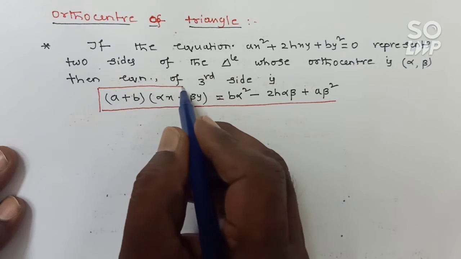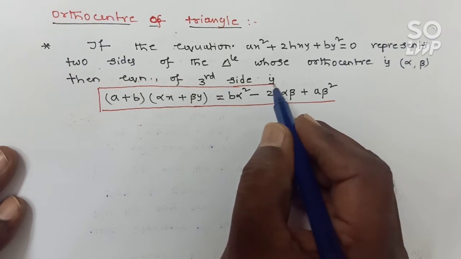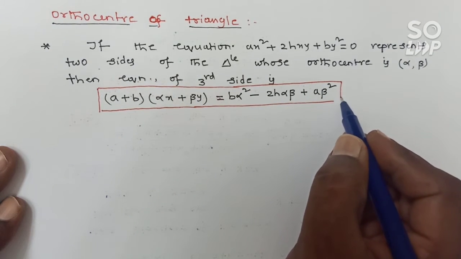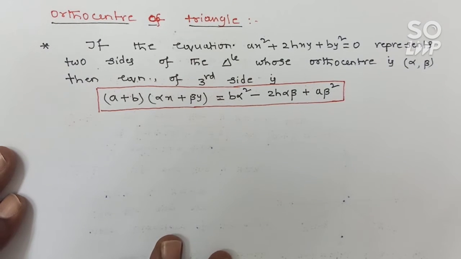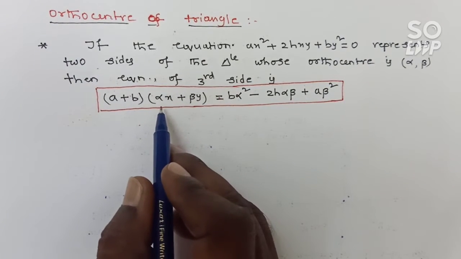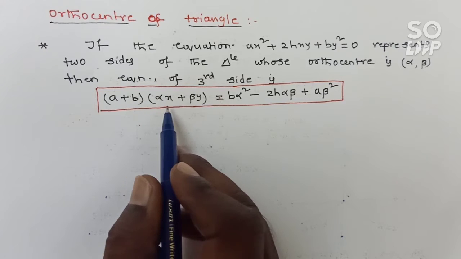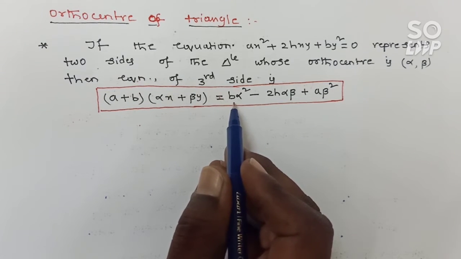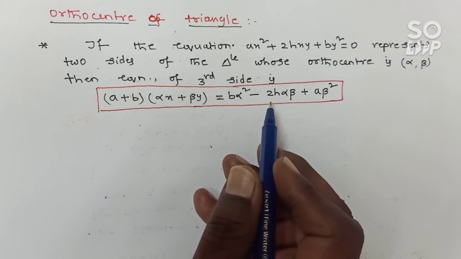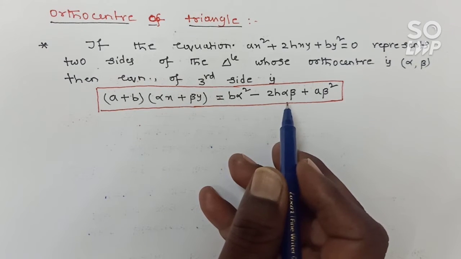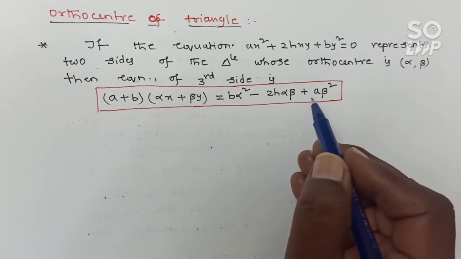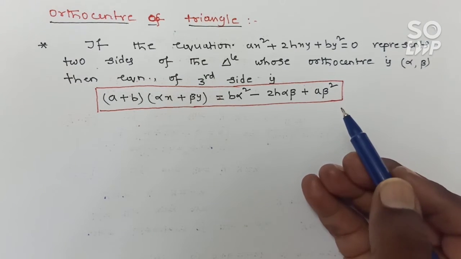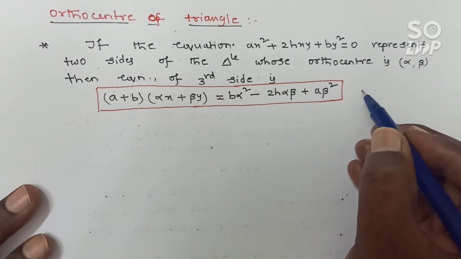Once again, (a plus b) into (alpha x plus beta y) is equal to b alpha square minus 2h alpha beta plus a beta square. This is the third side.